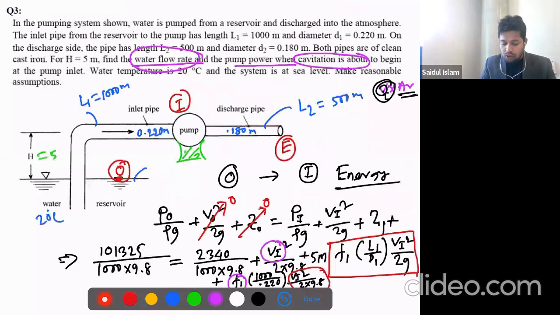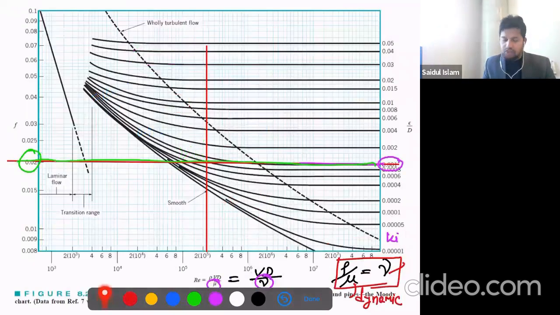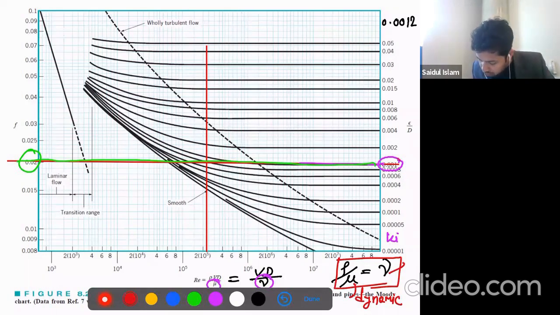Now what we will do, guys, I will just go back to the Moody diagram. Our relative roughness value we got is 0.0012, right? We will find the closest relative roughness value. What we have here is this 0.001. You see, this is the closest one.